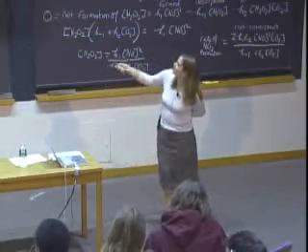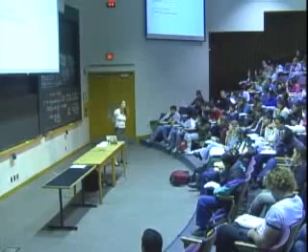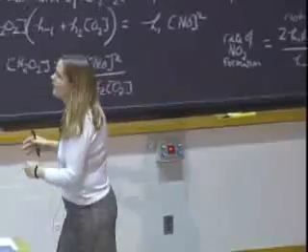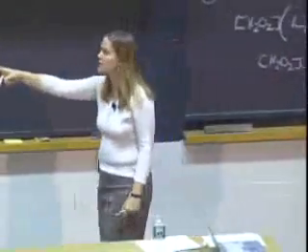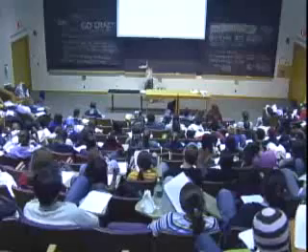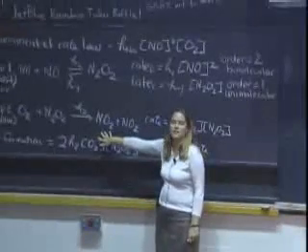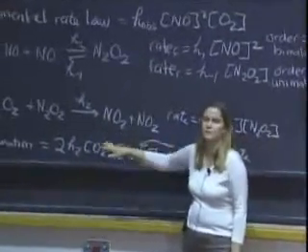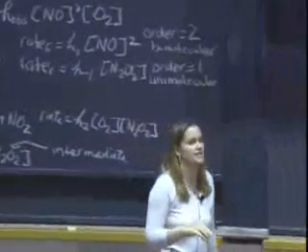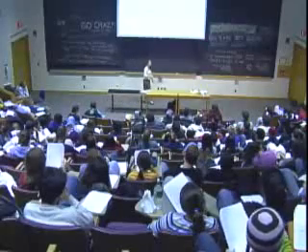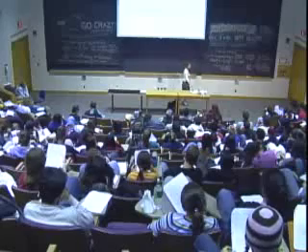And so if you write either of these in that form where all your K's just get grouped into K observed, then you see that that is consistent with the experimental data. So that mechanism works. A mechanism works that has two steps, the first step being fast and reversible, and the second step being slow. So we don't know for sure that that is the mechanism, but it is consistent with the experimental data.